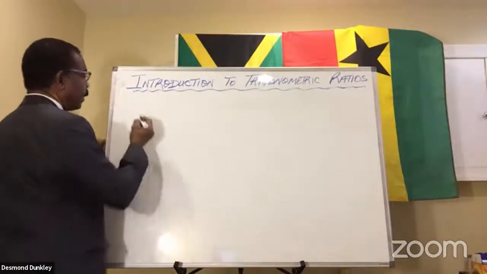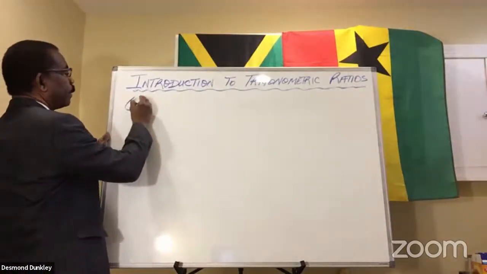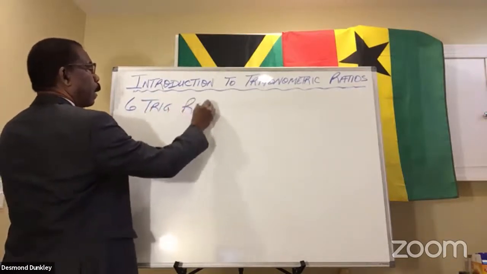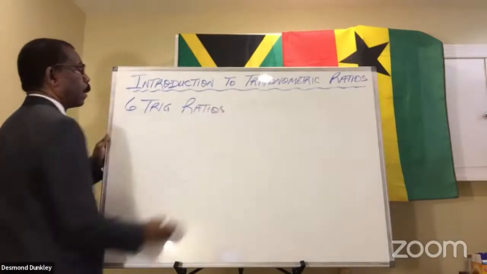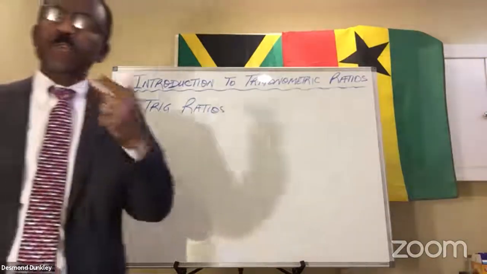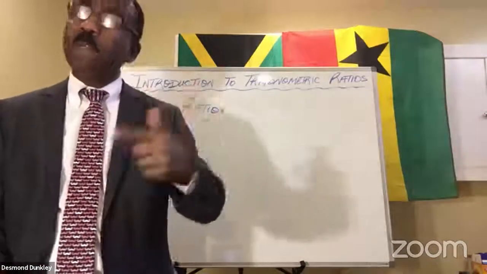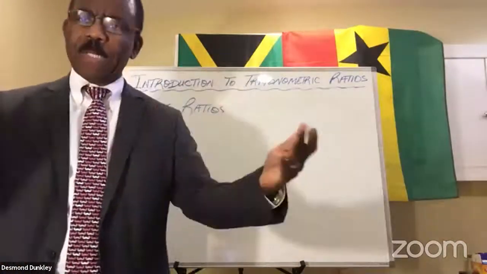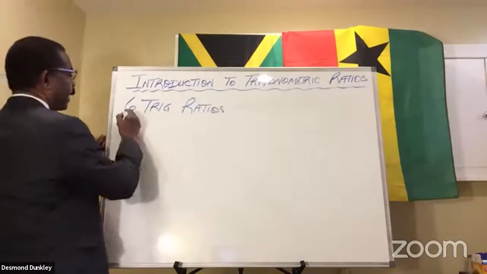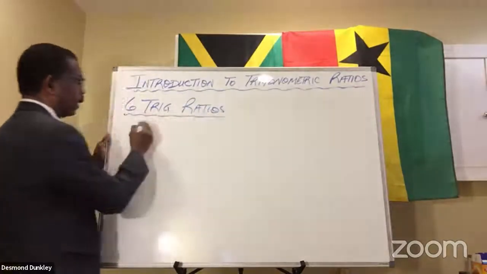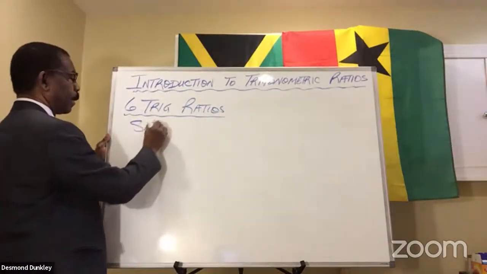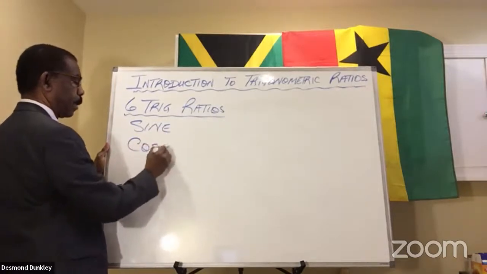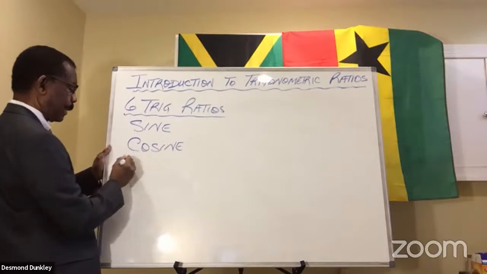So there are 6 trig ratios. I'm going to use the abbreviation trig for trigonometry. So whenever you hear someone say we're going to do trig, we're doing trigonometry, okay? So there are 6 trig ratios. You have sine, cosine, tangent.